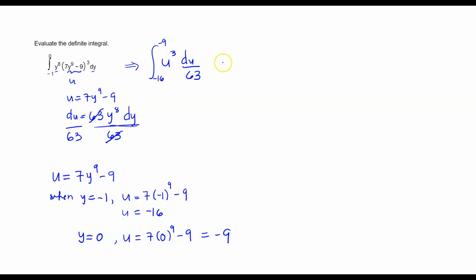Then you can now integrate this. You can take out that 1 over 63 and then just integrate u cubed with respect to u from -16 to -9. And this is equal to 1 over 63 times u to the 4th over 4, evaluated from -16 to -9.